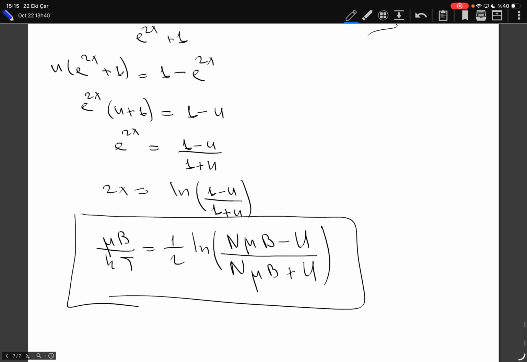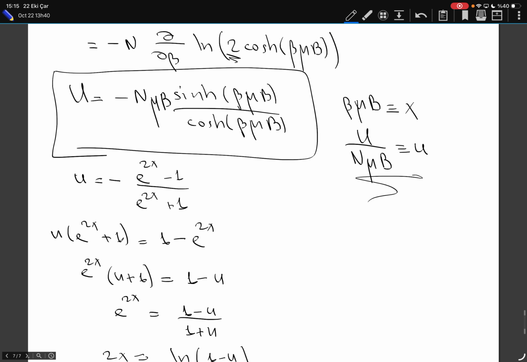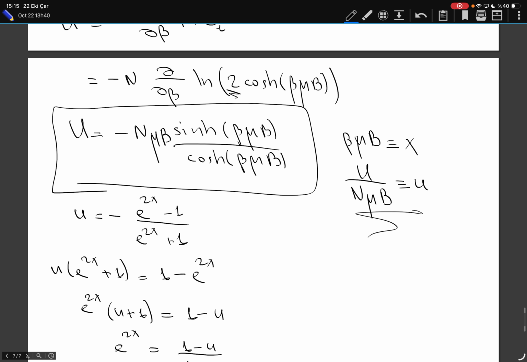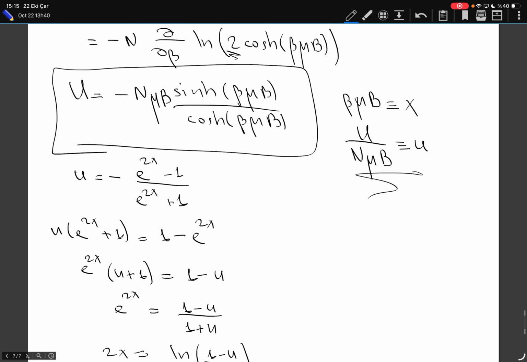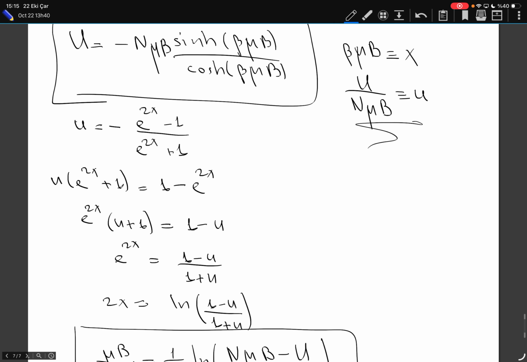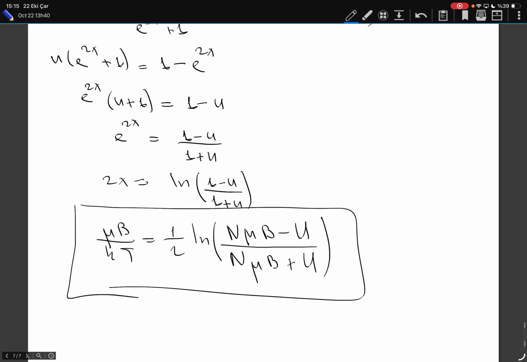So you see, did I miss a sign somewhere? Probably yes. No, probably no, sorry. So you see, if u is positive, that means the numerator is smaller than the denominator. That fraction within the logarithm is less than 1.